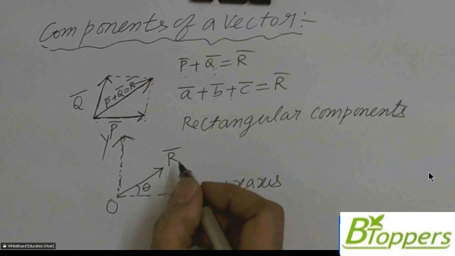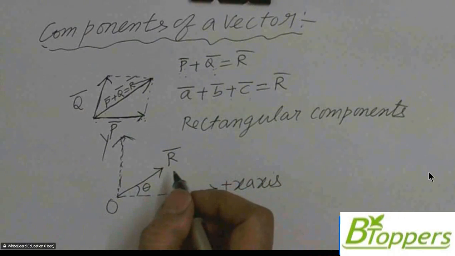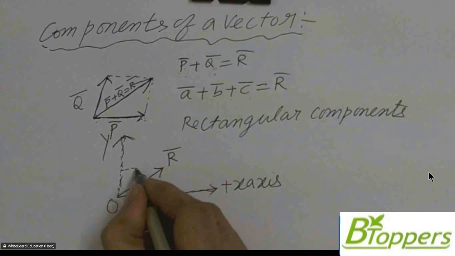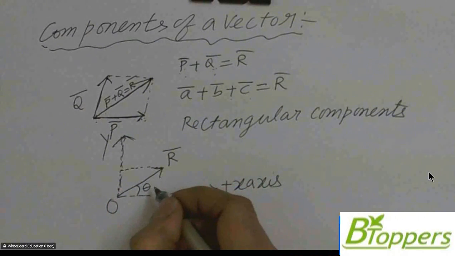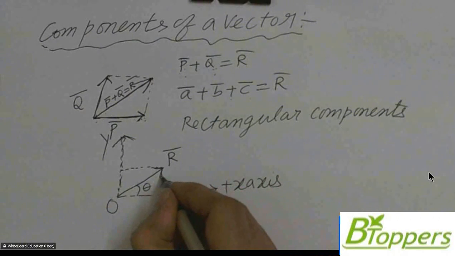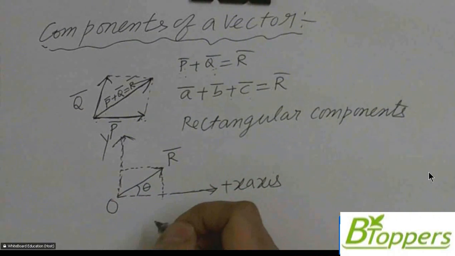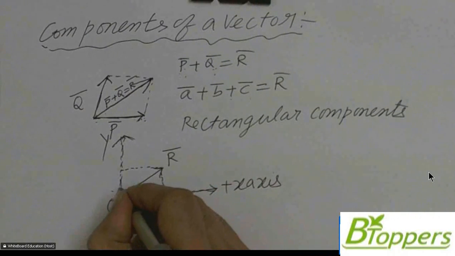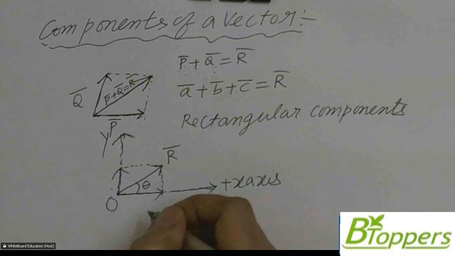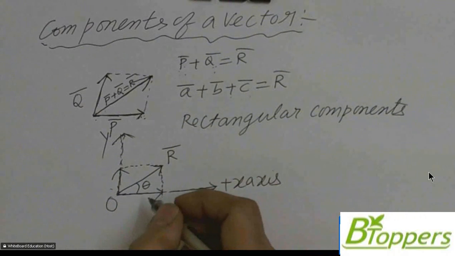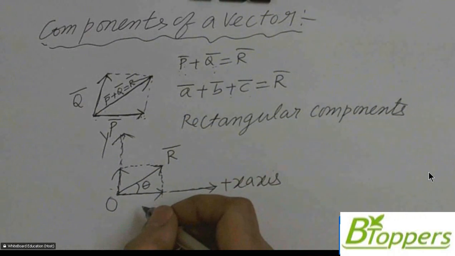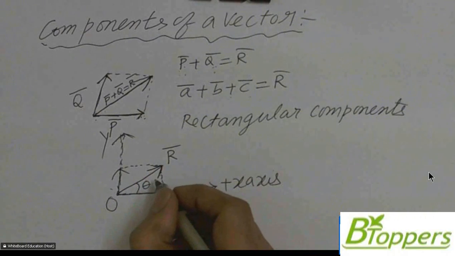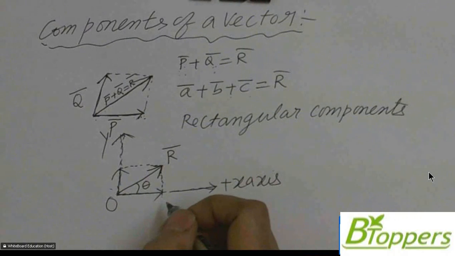Then to find the rectangular components of the vector along the two coordinate axes, you have to construct a rectangle with adjacent sides parallel to the x and y axes, such that the vector r bar acts along the diagonal of the rectangle.